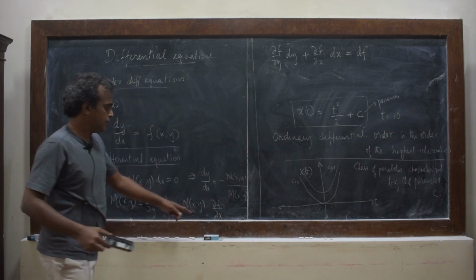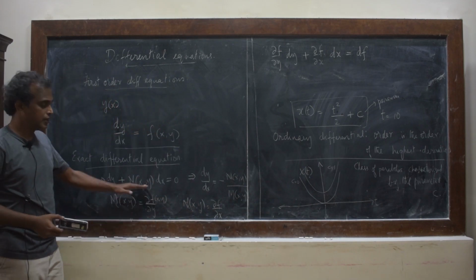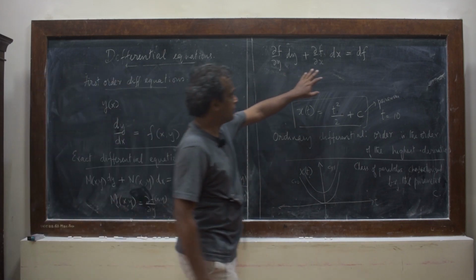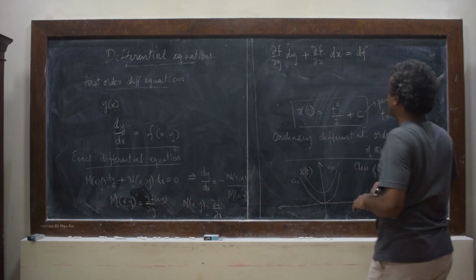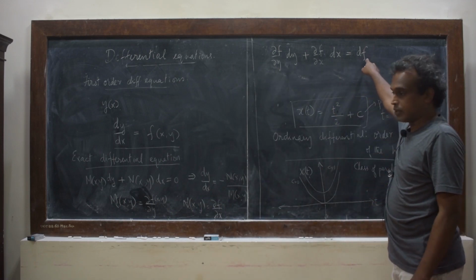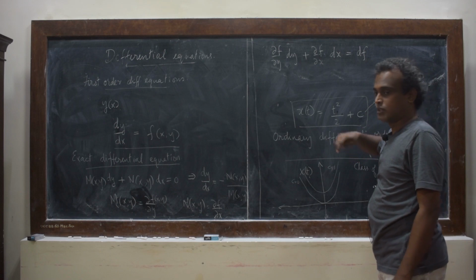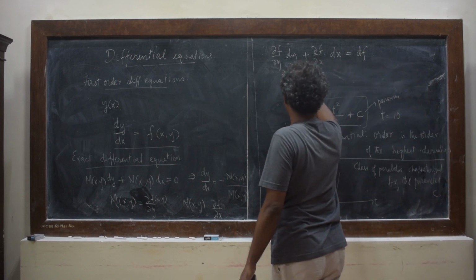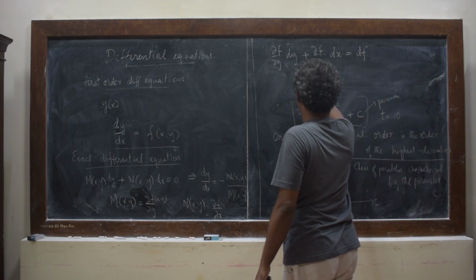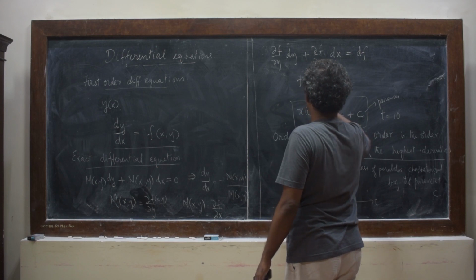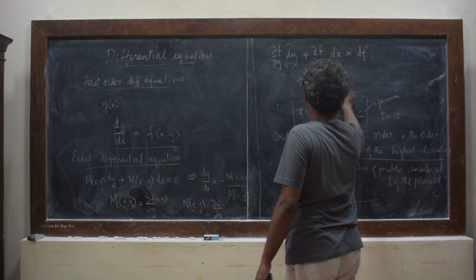So, this clearly tells us that if m and n have this particular form, then the left hand side is the differential of a certain function of x and y, which I call f, which lets me integrate this easily and write the solution in the form f of x comma y equal to c.